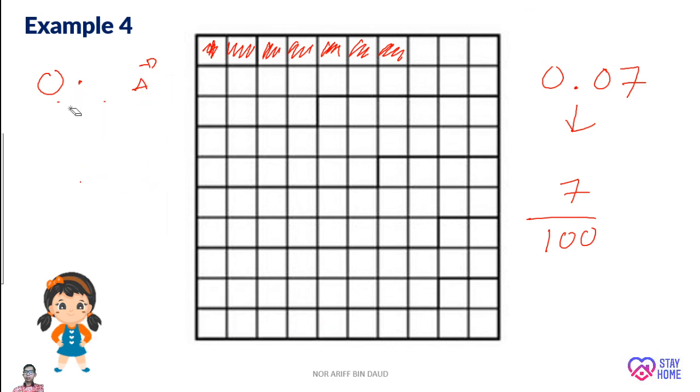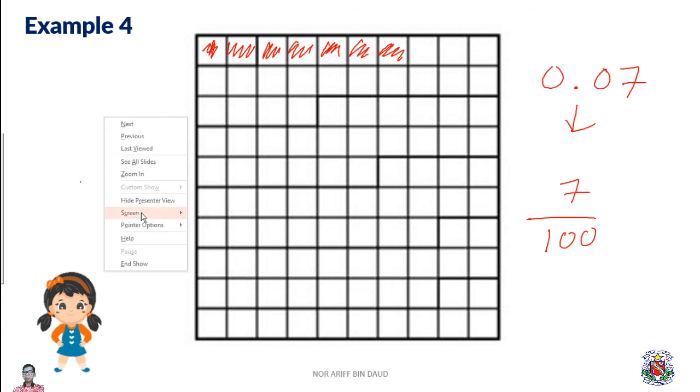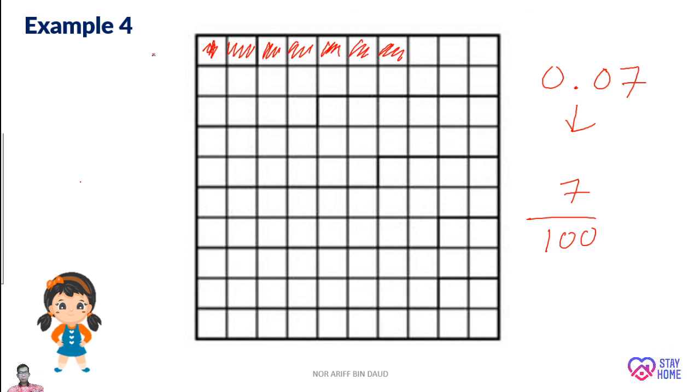Another example. If we are in class, you are always asking me a question like this. Teacher, why does it become this one? So now I explain to you. Another example. 0.59. Change into a fraction. So we must times by hundreds.